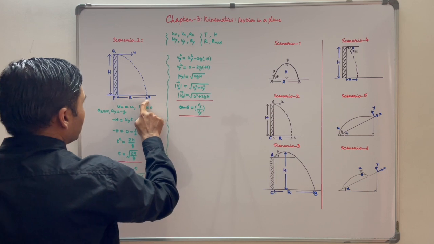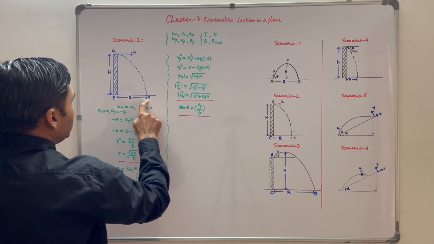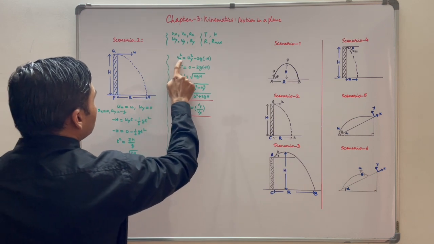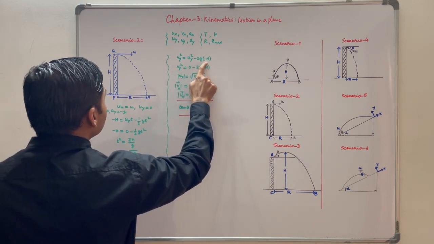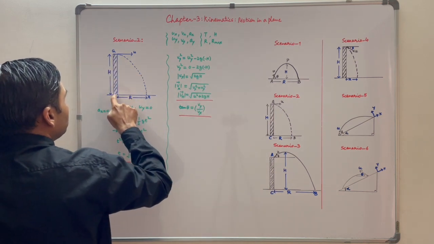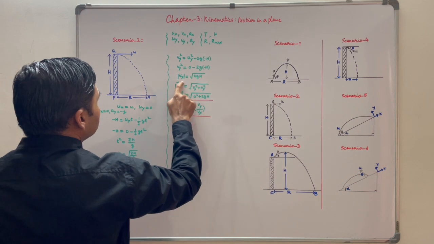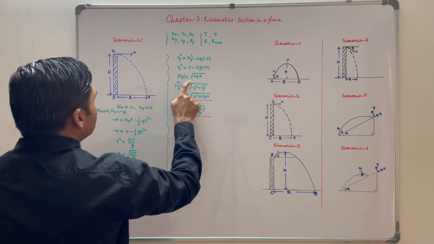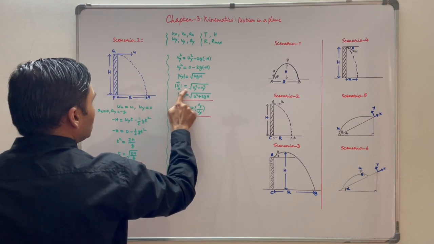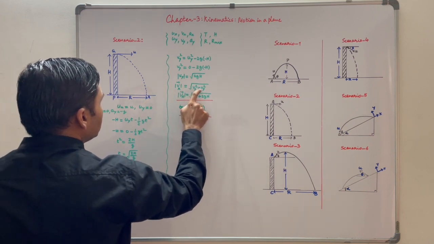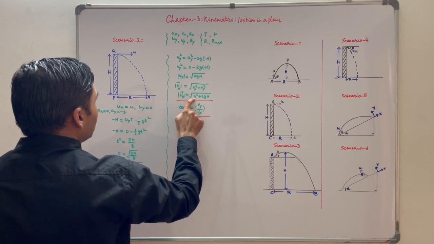Suppose we want to calculate the velocity of the particle when it hits the ground, that is Va. So Vy square is equal to uy square minus 2g into h, where h is minus h as the particle is coming down. So Vy square is equal to 2gh or Vy is equal to under root 2gh. So magnitude of velocity at point A will be equal to under root Vx square plus Vy square, and Vx is same as initial velocity.